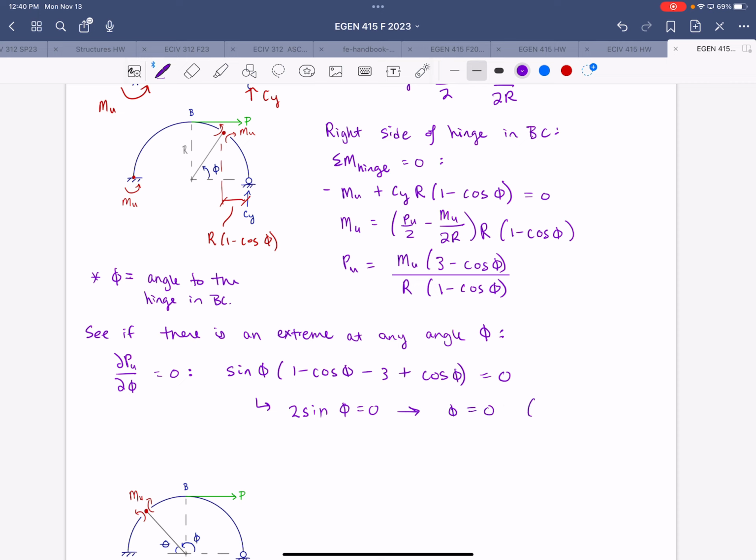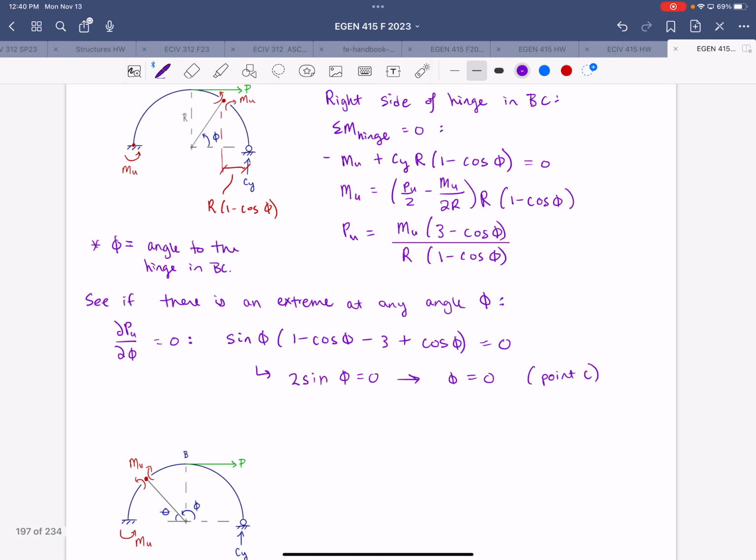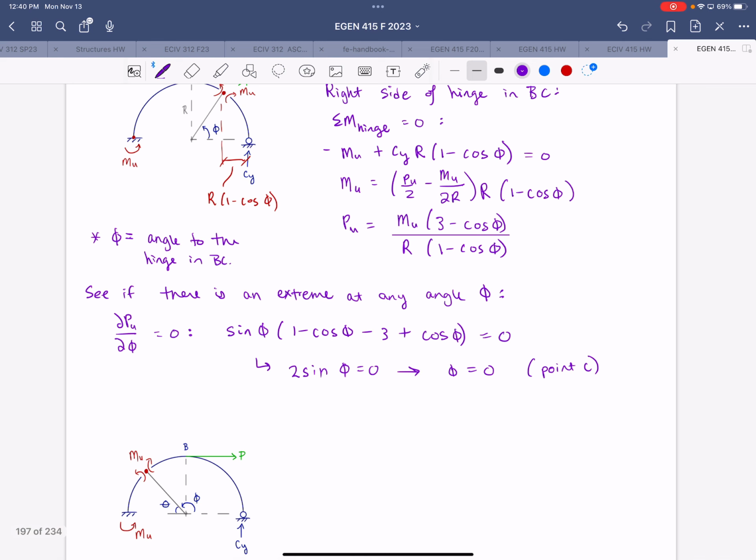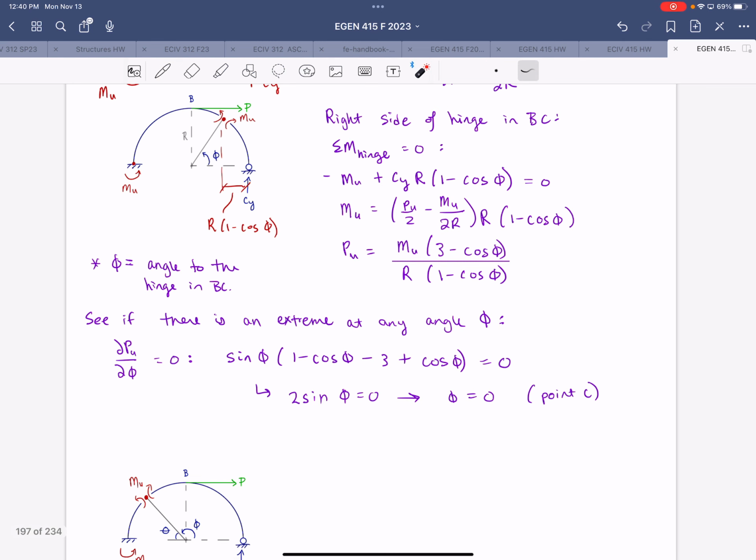When phi is equal to 0, that's at point C. But that's a trivial result because point C is a roller support, so it can't develop any moment there. So we know the moment there is always going to be equal to 0. There is no extreme at point C. That means there's not going to be a maximum moment in span BC. So we'll have to look at this hinge occurring in span AB instead.